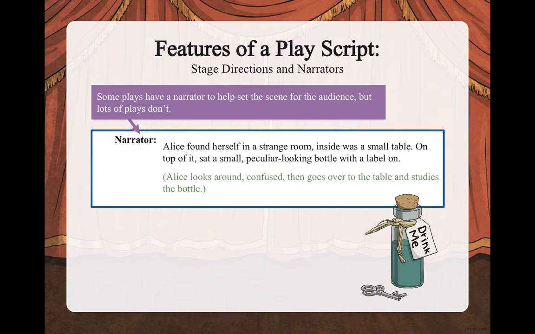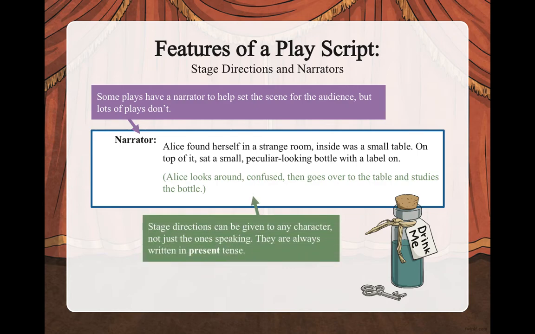So before the actors appear on stage, the narrator will say, "Alice found herself in a strange room. Inside was a small table. On top of it sat a small, peculiar-looking bottle with a label on." And then, of course, we have below that stage directions.